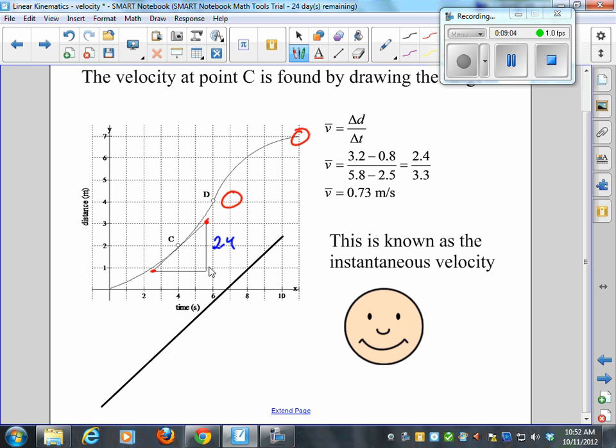That's the height, that's the rise. The run goes from about 2.5 to about 5.8, so this distance here is my run, which is 3.3. Then I find the slope, and I get the instantaneous velocity of 0.73. Just for that point. It's how fast it's going at that point.